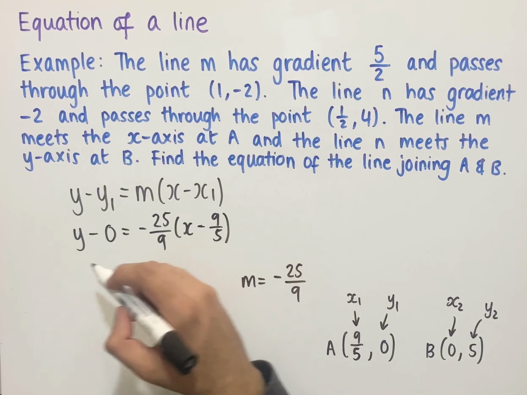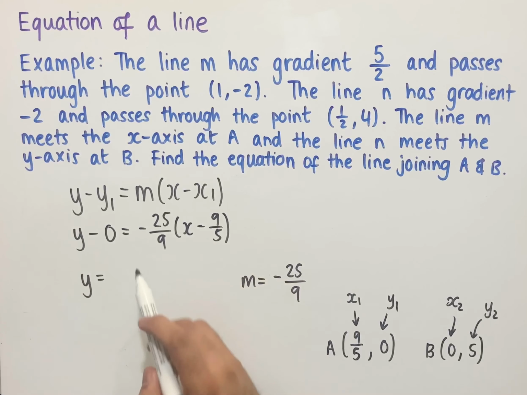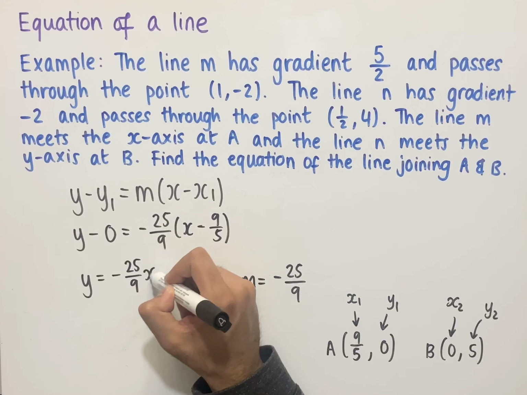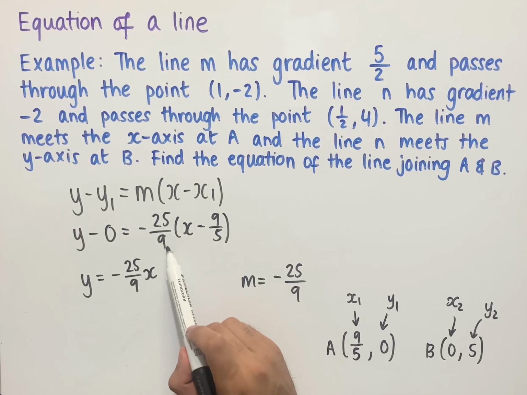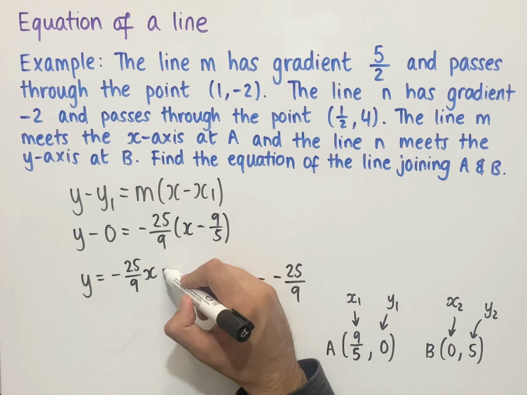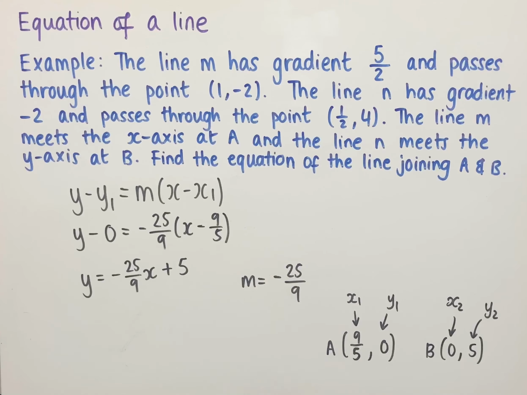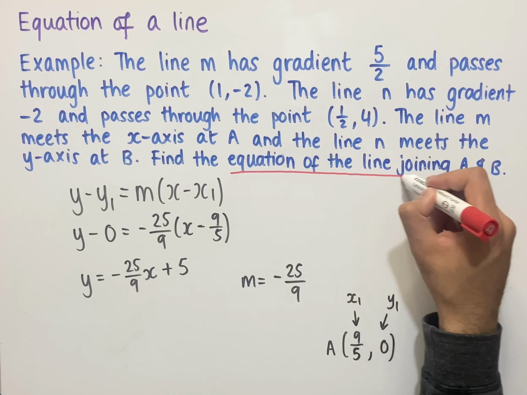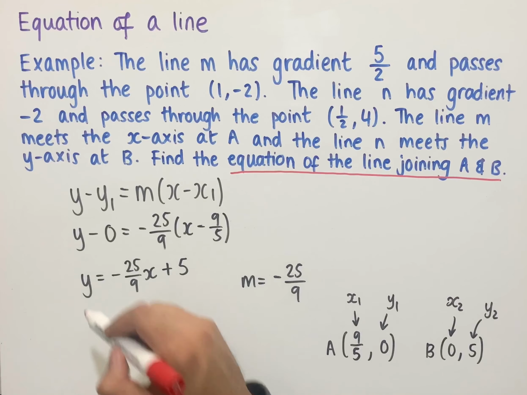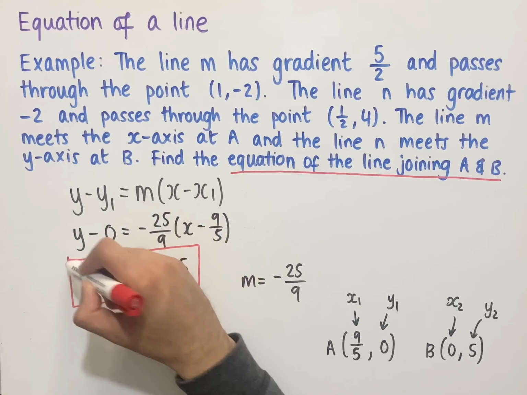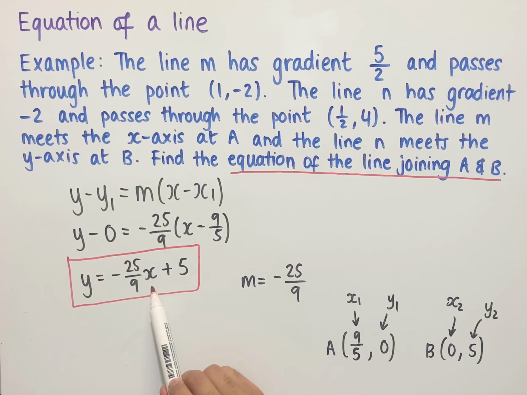If we now expand the brackets and simplify, on the right hand side we have minus 25 over 9x, and then minus 25 over 9 multiplied by minus 9 over 5 gives us plus 5. And so the equation of the line joining points A and B is y equals minus 25 over 9 x plus 5.